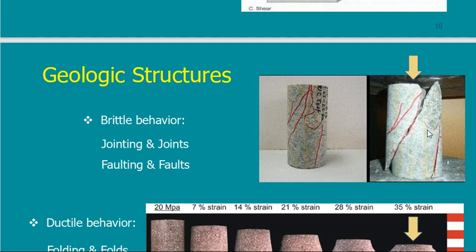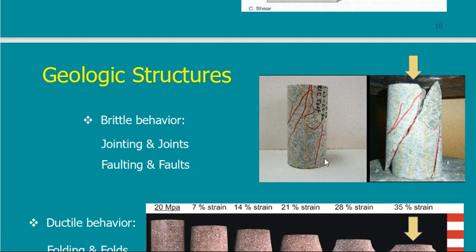If rock is very brittle and strong, and you subject it to very high force, what will happen? Similar to if you have a sample of rock and you put it in the lab. If you go to the lab, you will find many tests for breaking samples or crushing samples. What will happen when you subject a sample to compression force? It will be split into two parts or more.